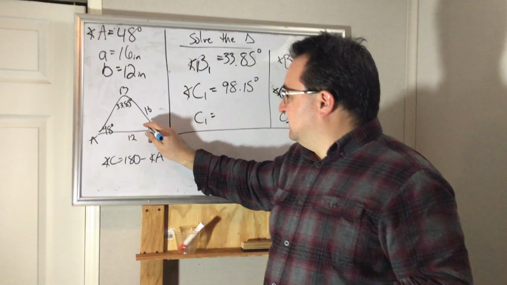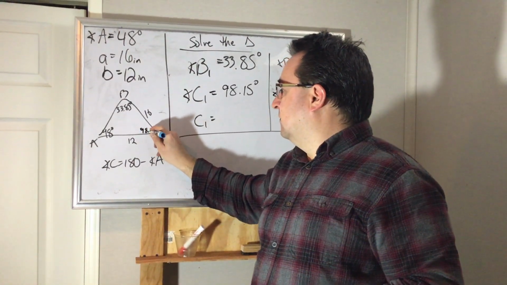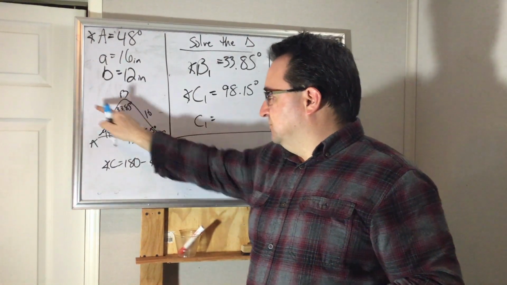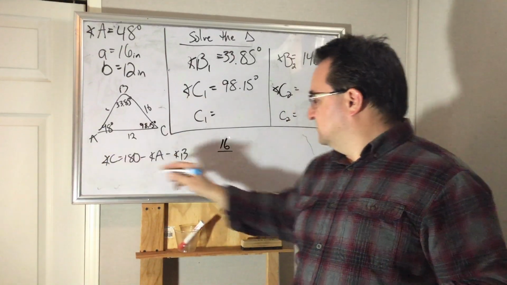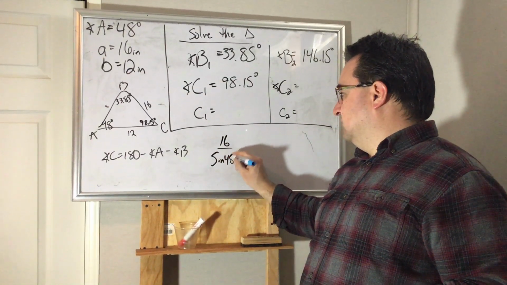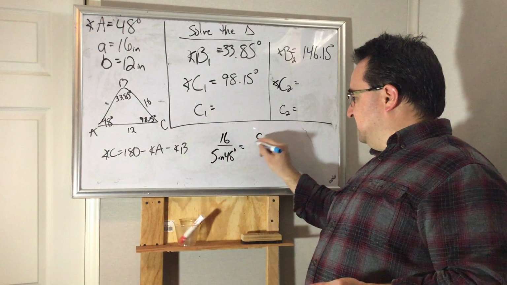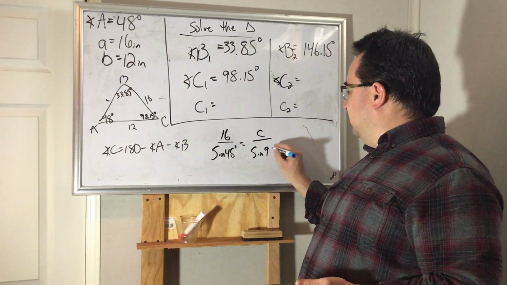How do I get side C? Well, now that I know this angle, see, that's an opposing pair, so I'm going to go law of sines. 16 over sine 48 equals side C over sine of 98.15.